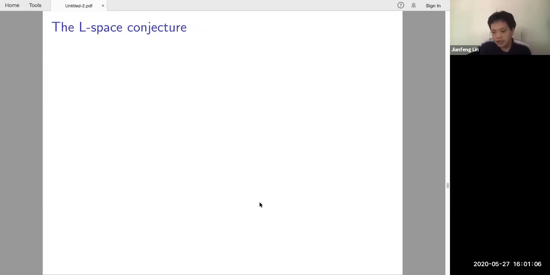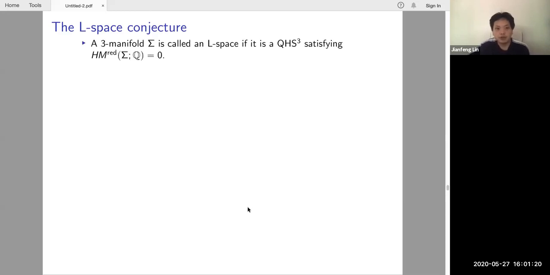It turns out that this invariant has some relation with the L-space conjecture. Let me recall the statement of the L-space conjecture anyway. This is a famous conjecture. A 3-manifold Σ is called an L-space if it is a rational homology sphere and it satisfies this vanishing condition on the reduced monopole Floer homology.